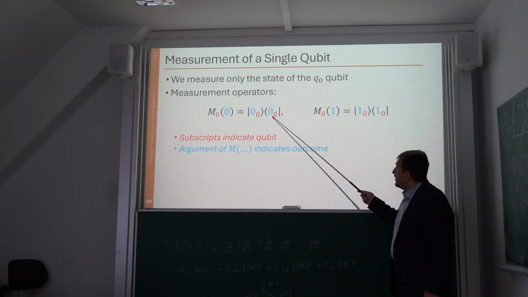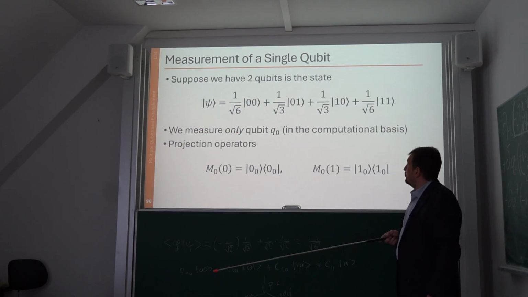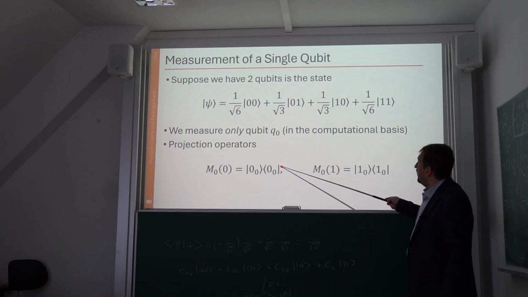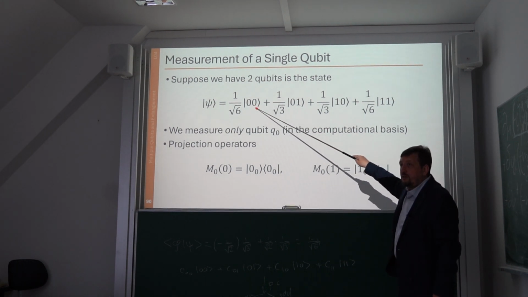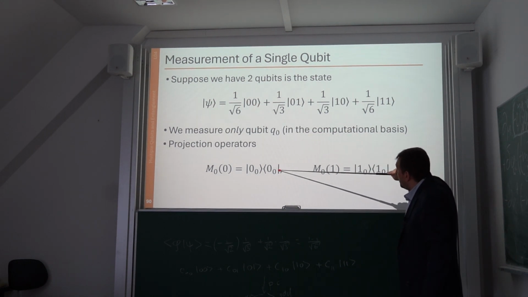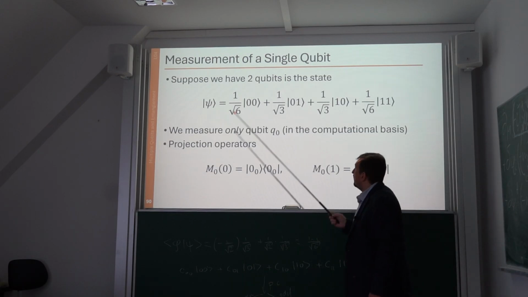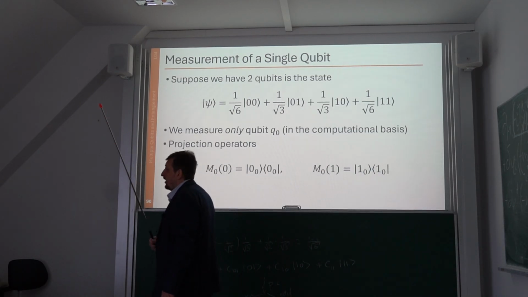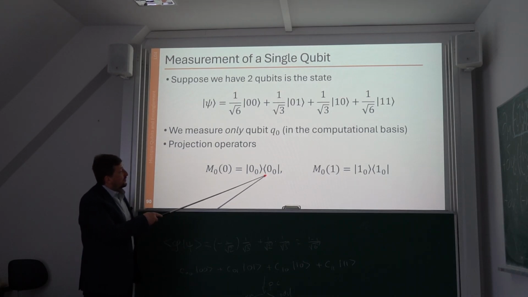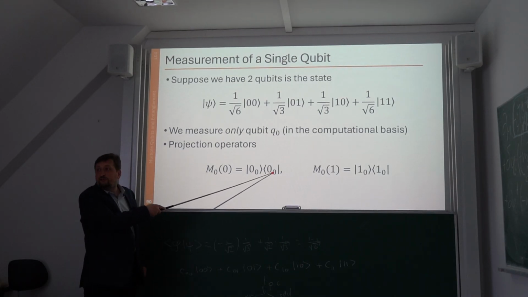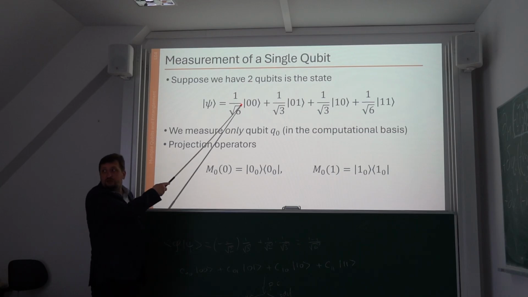Okay, and then I need to apply this operator to the state. To calculate this application, when I put this operator here, I will have a partial scalar product. I will take the scalar product of this 0 state of qubit 0 with this 0, 0.